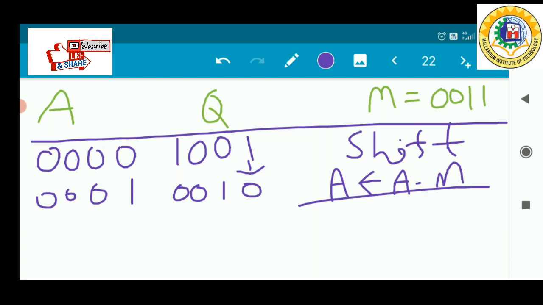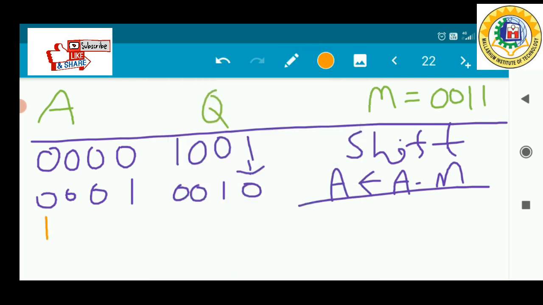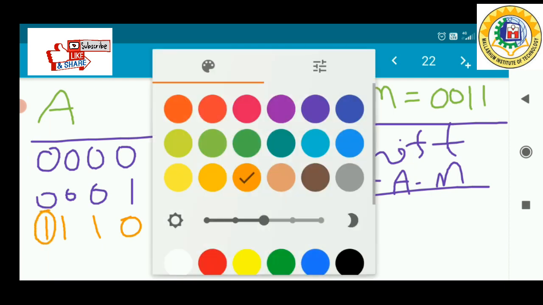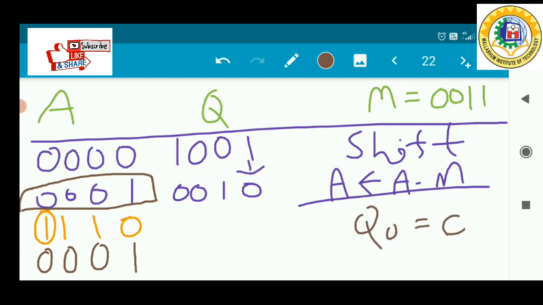I have already told how to perform this step. Our result will become 1 1 1 0. Next again check the MSB of A. This is 1 obviously, so we will again restore A. Your A is this, so we restore A and make Q0 equal to 0.